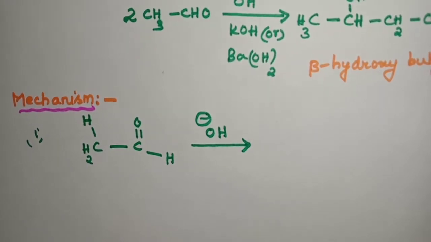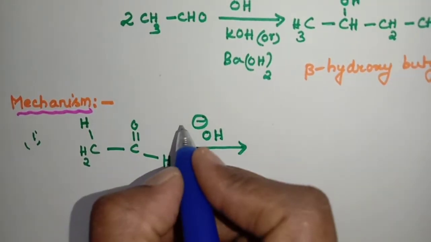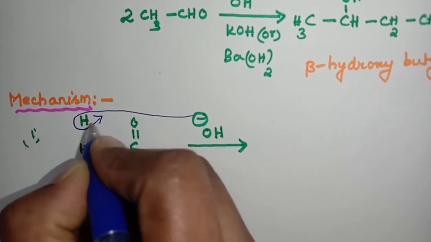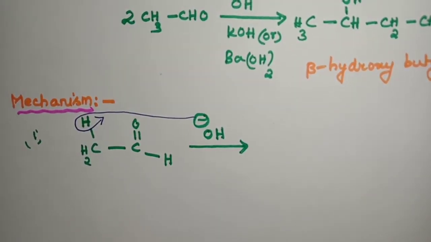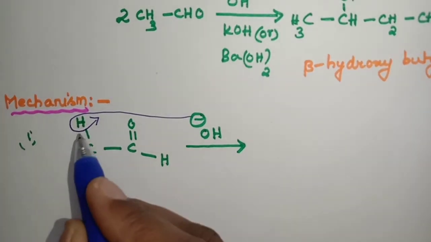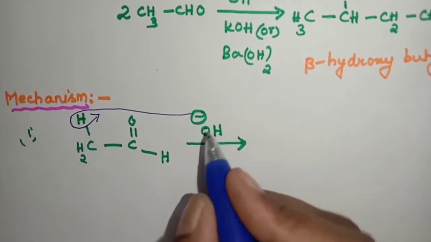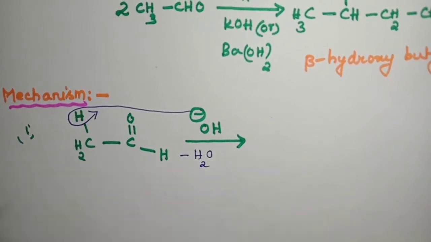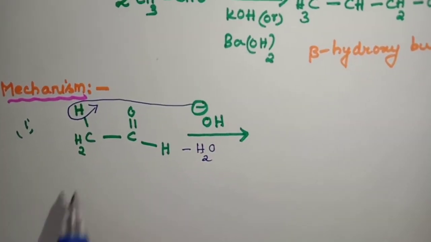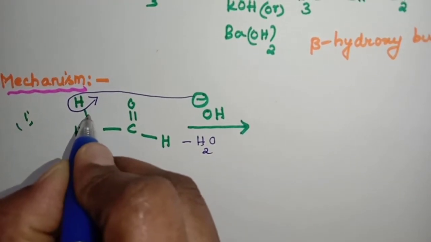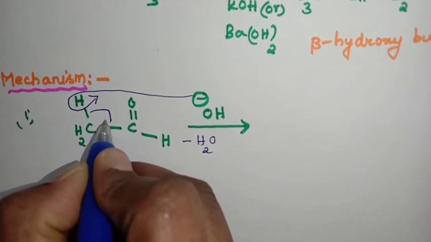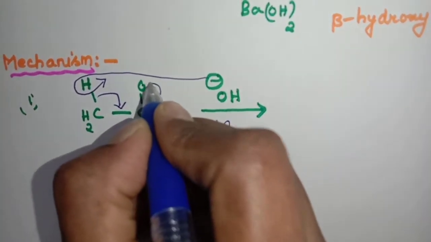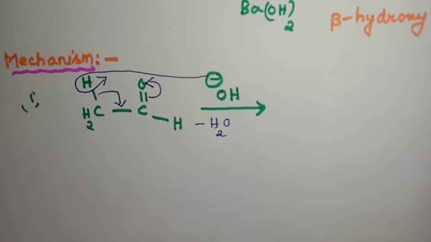This OH minus abstracts the alpha hydrogen, and H plus comes out as H2O. Next, this bond shifts in between C and C, and the pi bond moves towards oxygen.